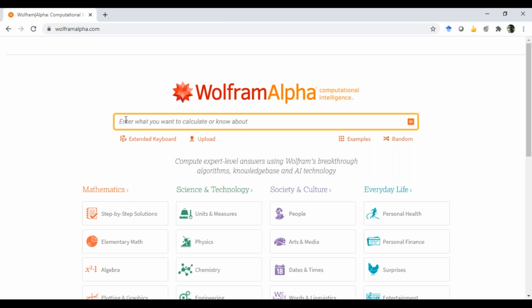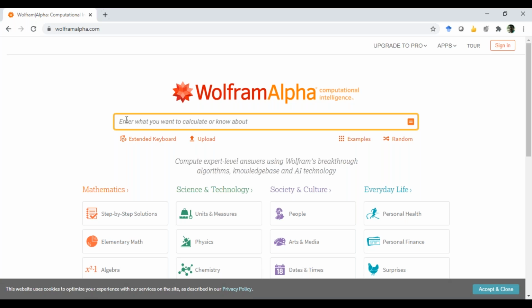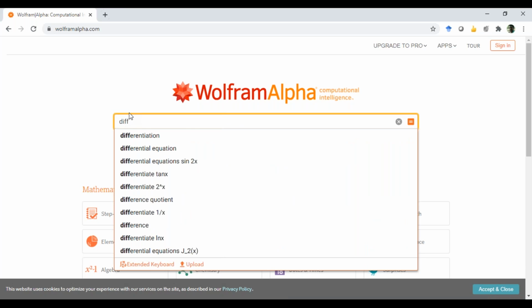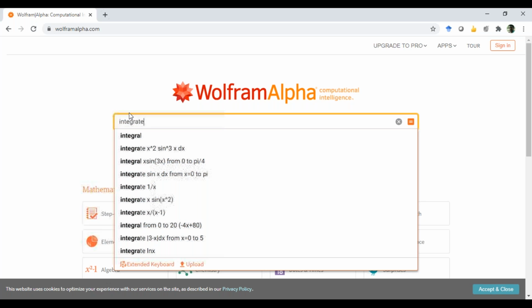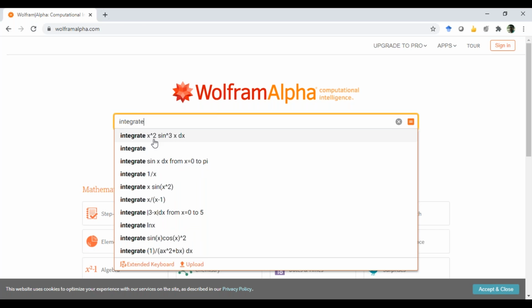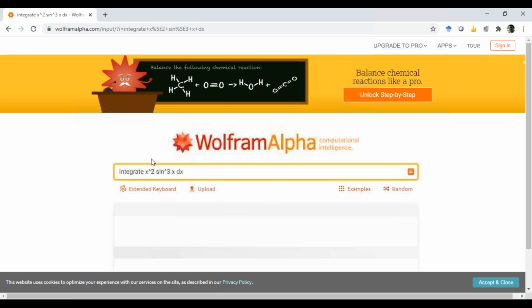Enter what you want to calculate, that is differentiate and integrate. I will take this example.